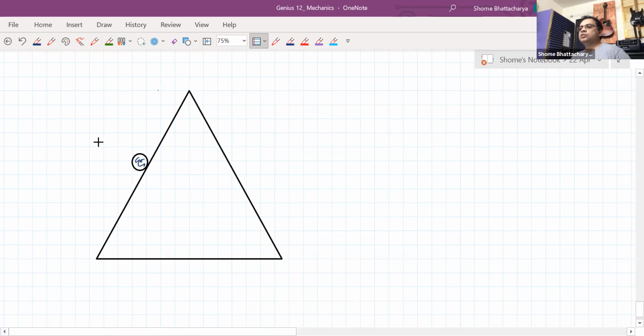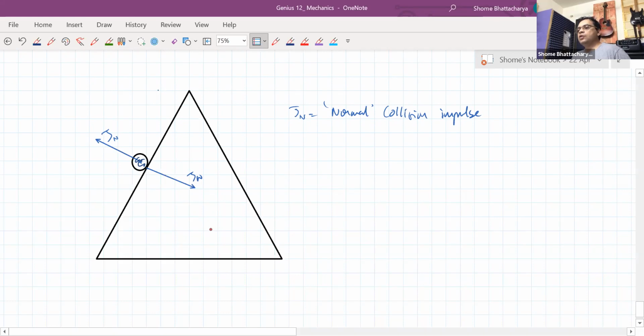I'll come to the momentum and all later. This should actually be along the same line, but anyway. So this is the collision impulse. This is the normal impulse which is acting between the two of them because of the collision. But along with this, this has a vertical component.